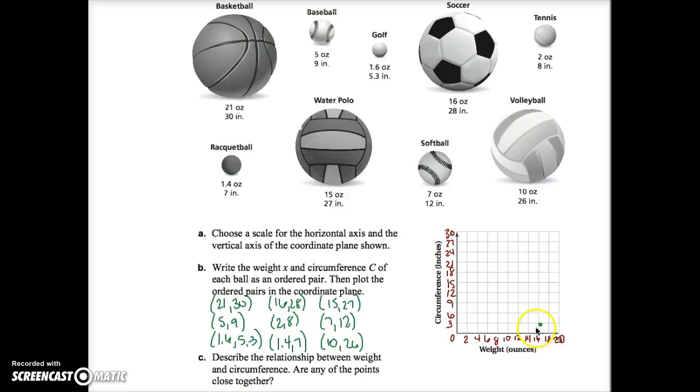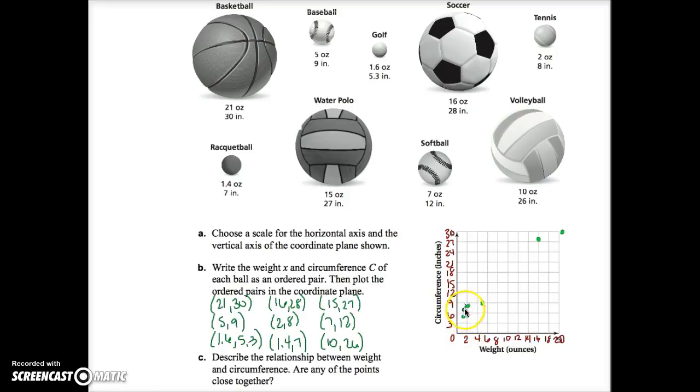So first I have 21, 30. So 21 is going to go a little off my graph. I realize that. And right up at the top. Okay, and then 5, 9. 1.6 and 5.3. So again, this is just going to have to be an estimate. Somewhere about right in there. 16, 28, over 16 and up all the way to 28. 2, 8. 1.4 and 7.